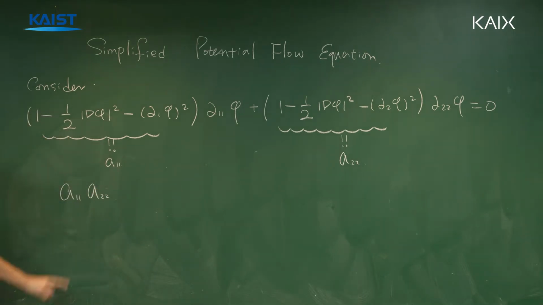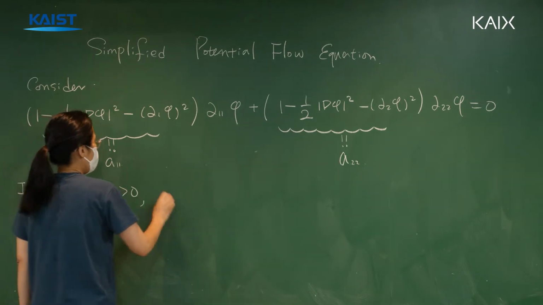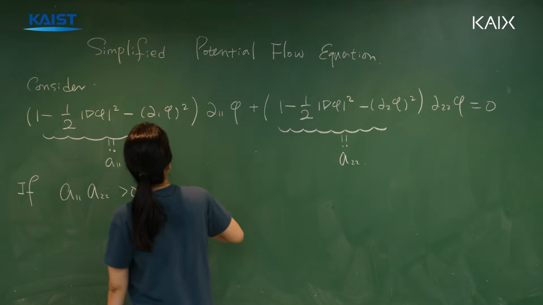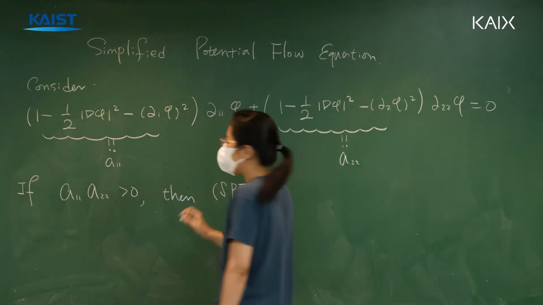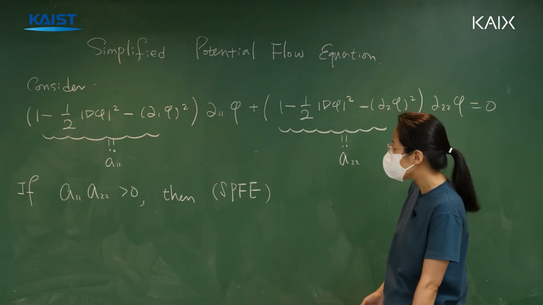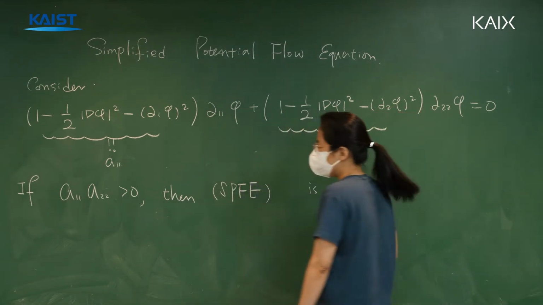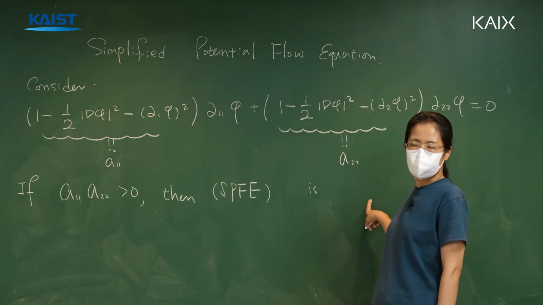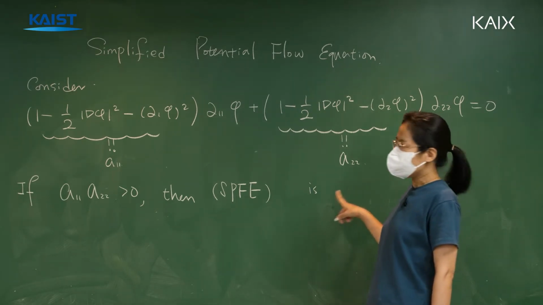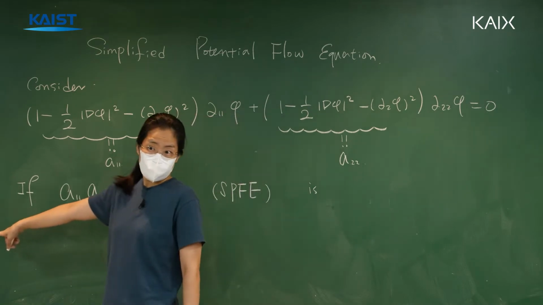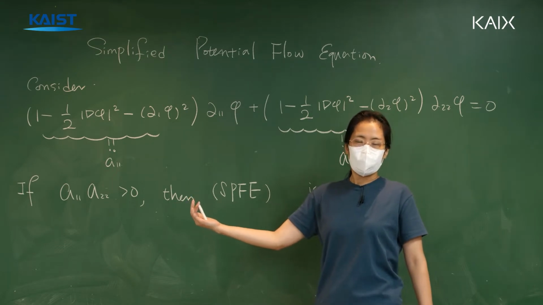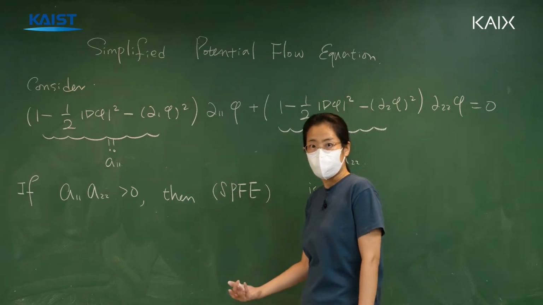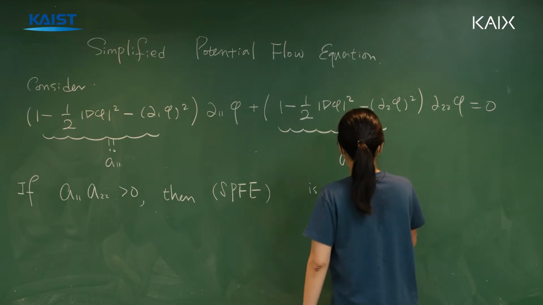If A11 times A22 is positive, then for this simplified potential flow equation, what is the type? This is basically the determinant of the matrix. If the determinant of a matrix is positive, then the type of the equation is elliptic.